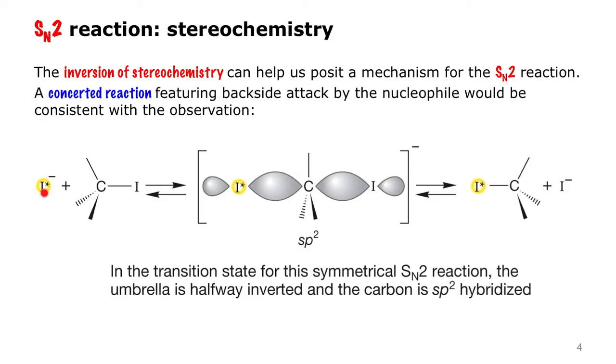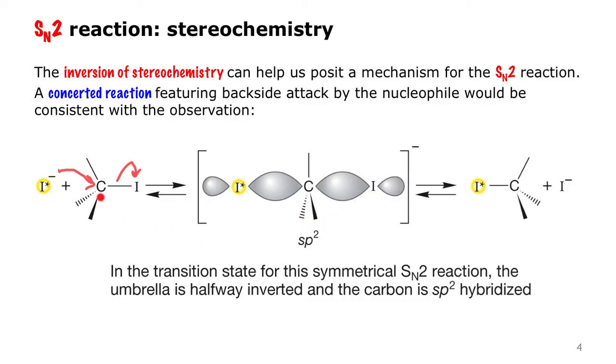And so we can imagine this occurring by the iodide ion donating a pair of electrons into that sigma star and breaking the carbon iodide bond. The transition state for that reaction is what's depicted here in brackets, where at the apex of the potential energy curve, we have a partial bond between the incoming iodide and the carbon. We have a partial bond between the carbon and the outgoing iodide.